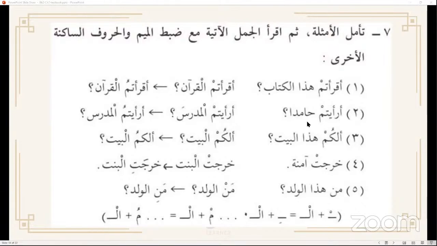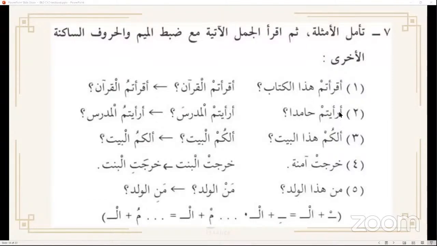Ara'aytum hamidan. There was a sister who asked why it is mansoob. Maybe it is maf'ul bihi; she didn't mention the sentence. So here, for example, Ra'aytum hamidan: hamidan is mansoob.